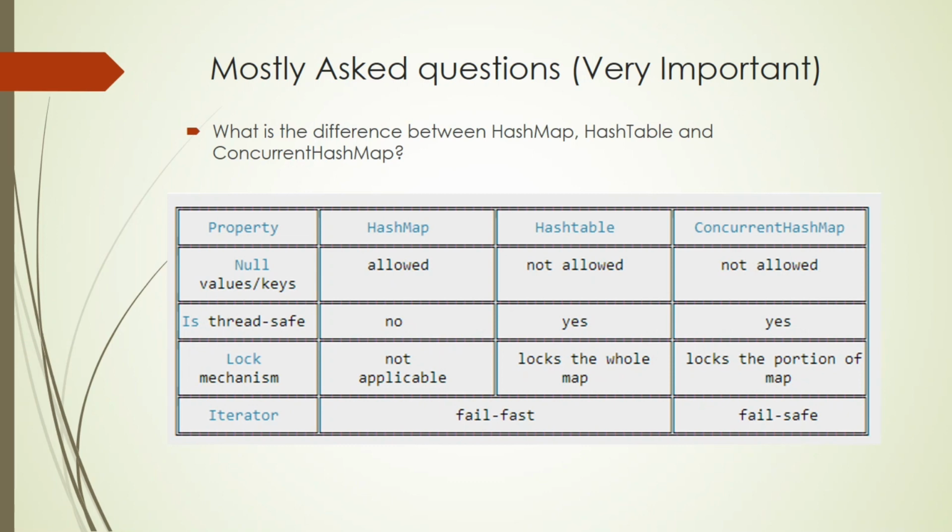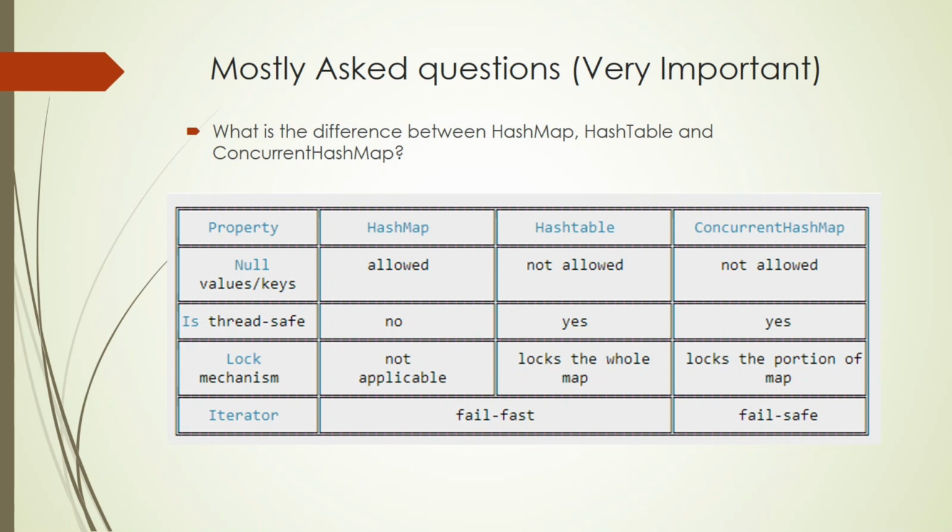And the main difference the interviewer will look for in ConcurrentHashMap is related to the locking mechanism. In the locking mechanism, Hashtable locks the entire map, but ConcurrentHashMap locks only the portion which is going to change. I mean, if the size of a HashMap is 16, then there will be 16 buckets, and each bucket can work separately.